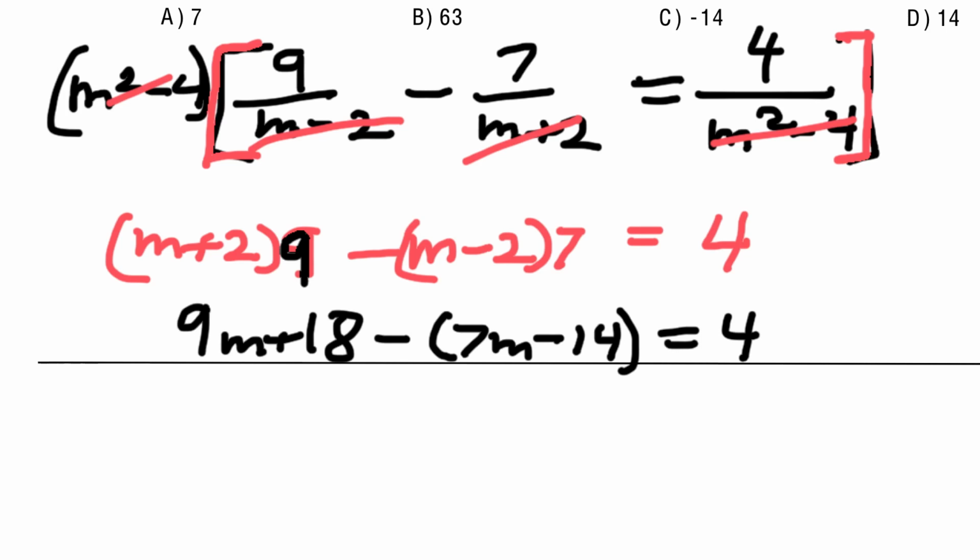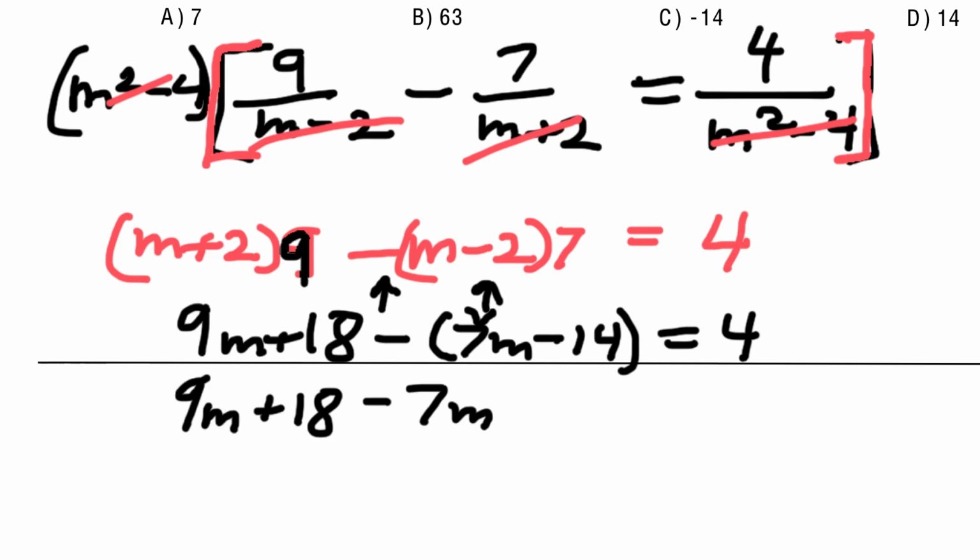Now notice what I did here. Because this is a subtraction, I'm being very careful with that. I'm saving that negative here, so now I'm going to multiply through with the negative before I start combining like terms. I make sure that I apply that negative to both those numbers. So this simplified is 9m plus 18 minus 7m plus 14 equals 4.